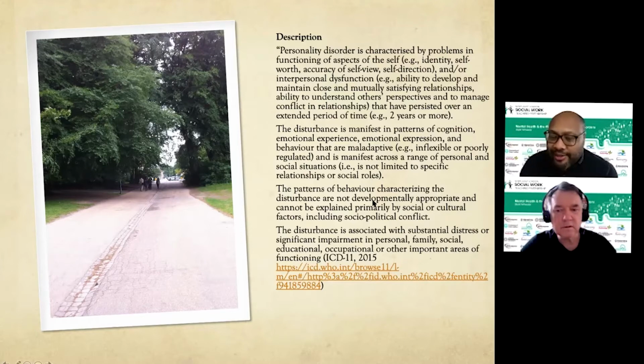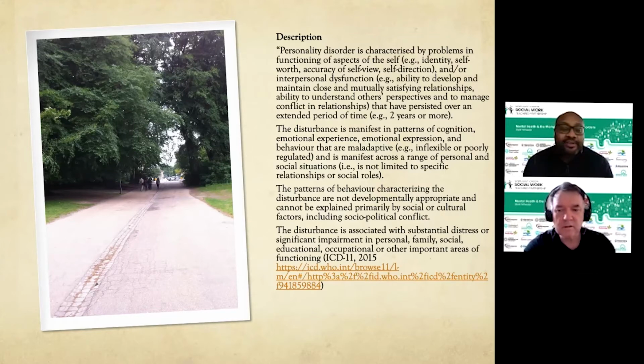The patterns of behavior characterizing the disturbance are not developmentally appropriate and cannot be explained primarily by social or cultural factors, including sociopolitical conflict, okay? An example of that is that some groups of people have every reason to be paranoid of other groups, like Black people of the police.